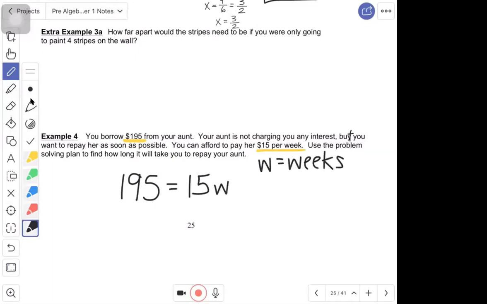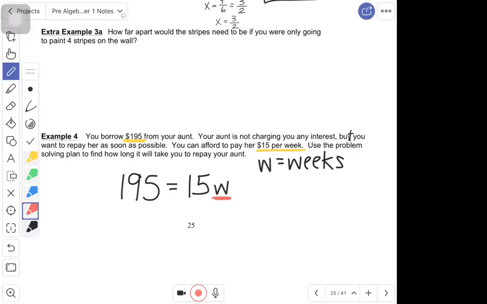And she's not charging us any interest, so we're not subtracting any amount from that $15 we're giving her every week. So that's the only thing that we'll have on that right-hand side, because we want to figure out how many weeks it will take us to get to $195. So how many weeks until we add up $195?